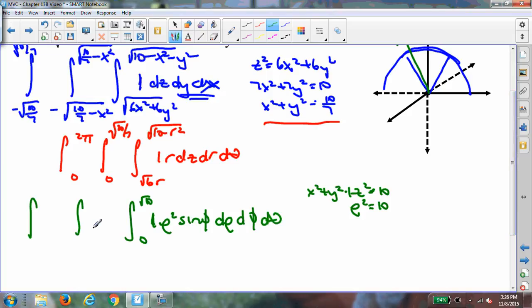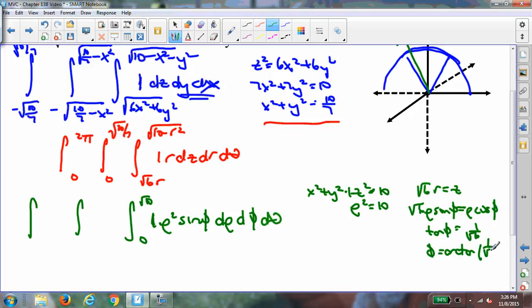Phi is being defined by the cone, so we need to take our cone equation, which would be square root of 6r equals z, and figure out our phi from that. So that would be square root of 6 rho sine phi equals rho cosine phi. That would mean that tangent phi equals 1 over square root of 6, which means that phi equals the arctangent of 1 over square root of 6.